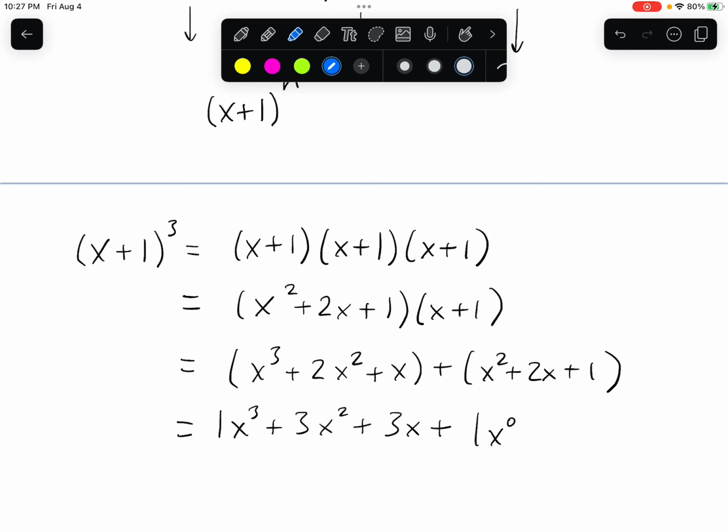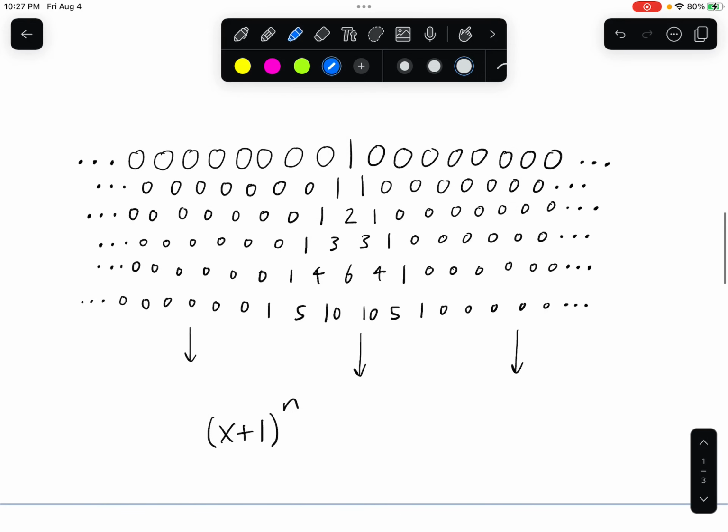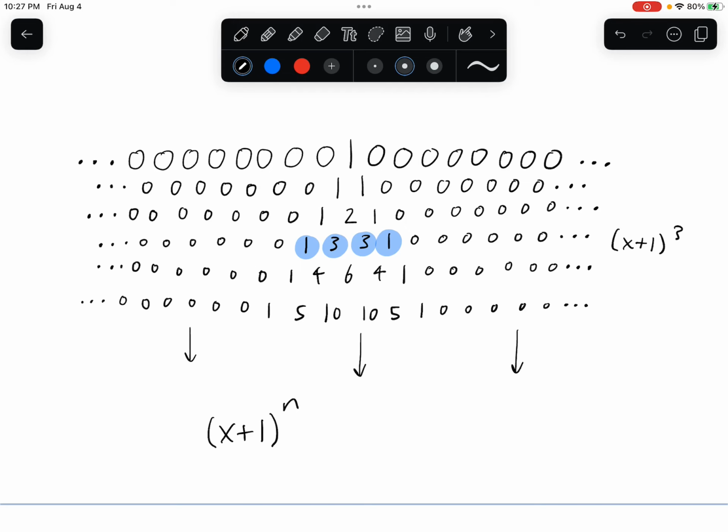Now, let's take a look at the coefficients. We see 1, 3, 3, 1. If we look up here, we actually see 1, 3, 3, 1. So that's pretty cool. We can see that this row correlates with x plus 1 to the third.